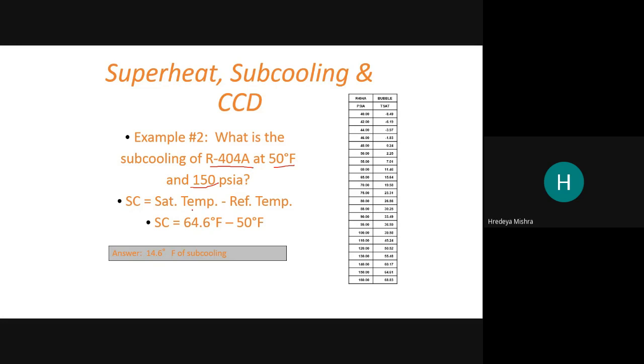What is the saturated temperature? 64.64 minus 50 Fahrenheit. So the answer is 14.6 Fahrenheit of subcooling. So these are the examples we can see here. This is PSIA and this is the saturated temperature.